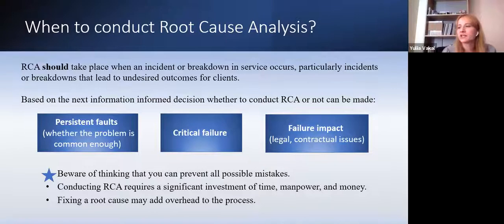If it could lead, let's say, to someone's death or the crash of an aircraft, absolutely, it's critical. But criticality depends on the organization and industry. Then failure impact: if this problem stops you from doing your work, or it could have some legal or contractual impact, absolutely, that's a good candidate.